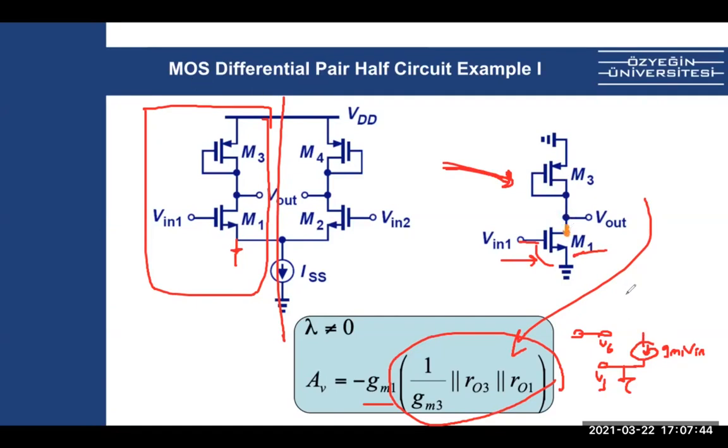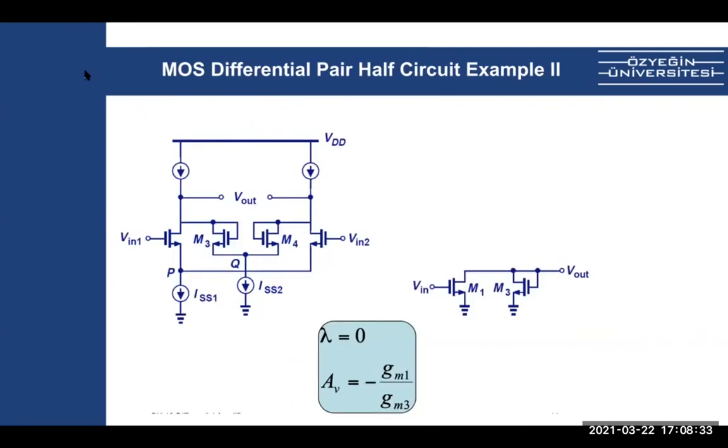If we take the minus of this, it will be minus GM V in. If we multiply it with the entire resistance, this one and this one, that's the equivalent resistance. When we divide by V in 1, the V in 1s cancel, and we get the gain.